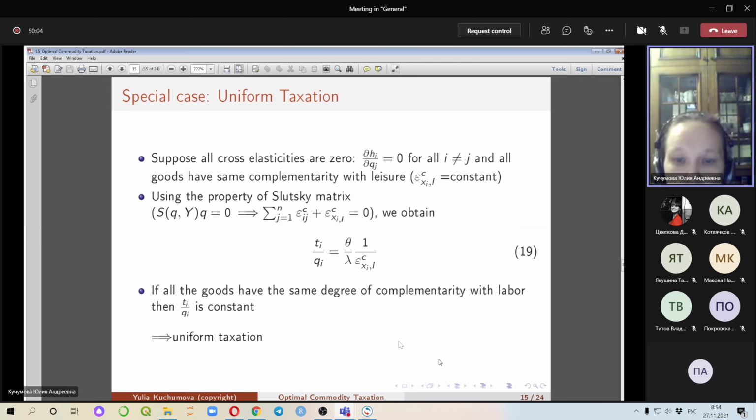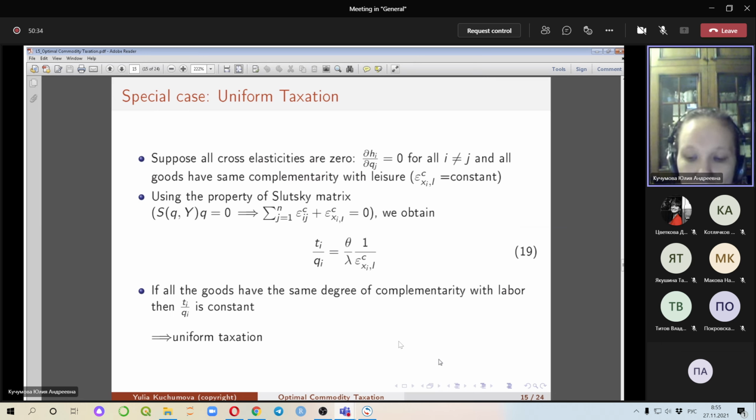So there are just two terms left, epsilon II and epsilon IL, the elasticity between good i and leisure. This shows that epsilon II is equal to minus epsilon IL, the elasticity between leisure and good i.